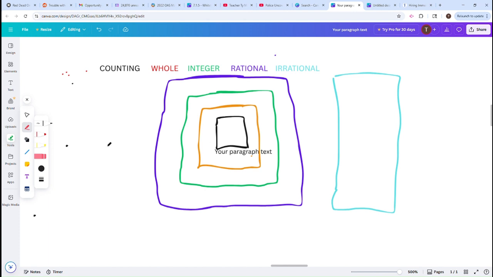Now, the boxes are inside of each other because the number of numbers in the box is smaller as you go towards the center box. By that I mean the black box has the fewest numbers in it. Those numbers are also contained in the orangey looking box, but we're going to add some more.